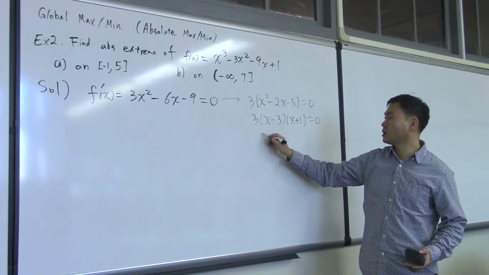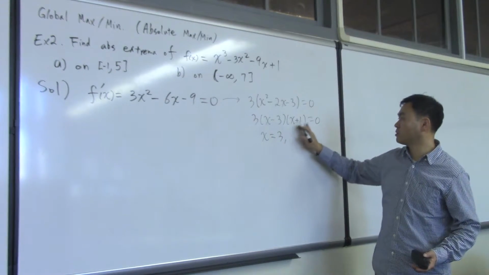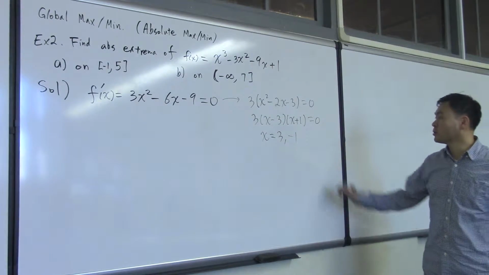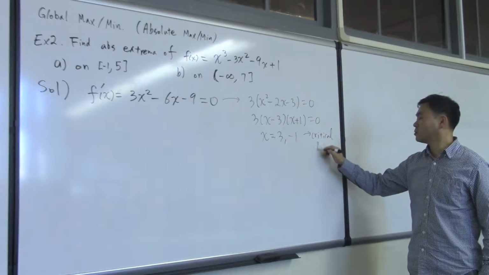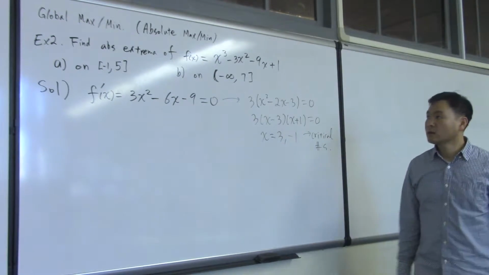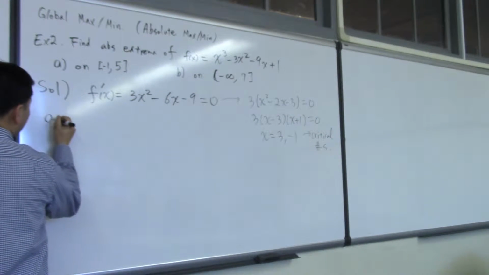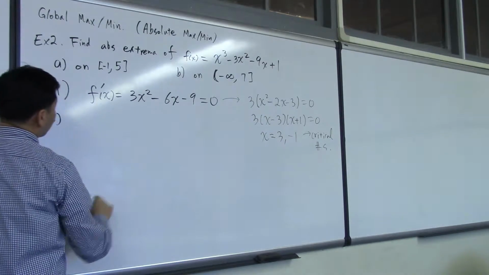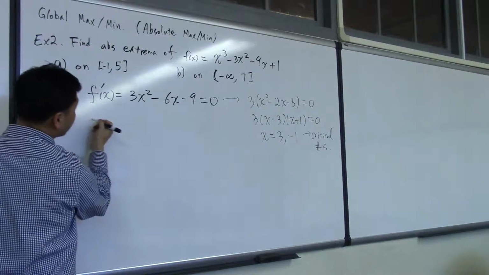Therefore the solutions are, when this is equal to 0 you get 3, and when this is equal to 0 you get negative 1. So those are your critical numbers. And to do A, you have to evaluate at those critical numbers and also at the boundaries, negative 1 and 5. So let's try that.